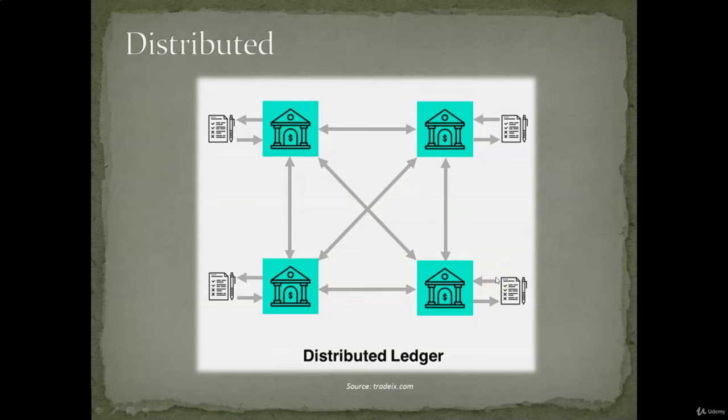This ledger is up to date, and whenever a transaction happens, these nodes will be informed of the new transaction record. All nodes then validate the transaction, whether it's okay or not. If it is validated, then it will be added to the ledger of each node. So this is the example of a distributed system.